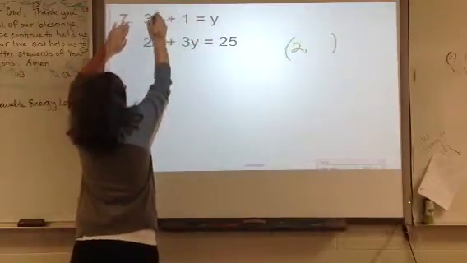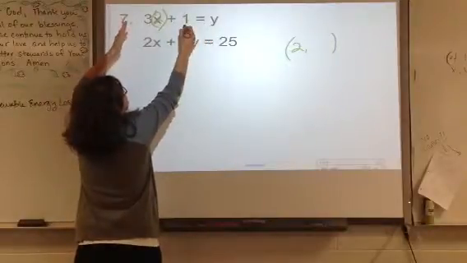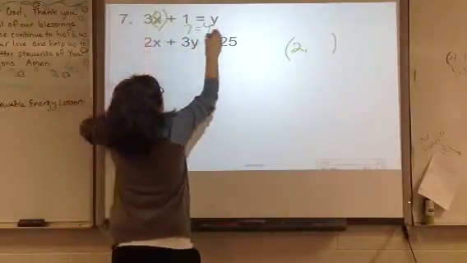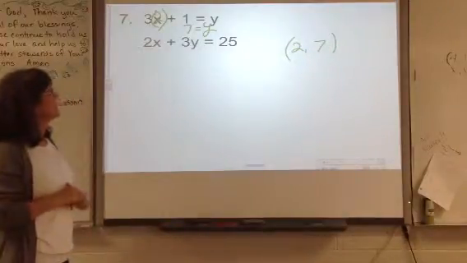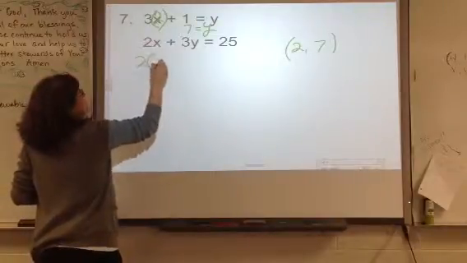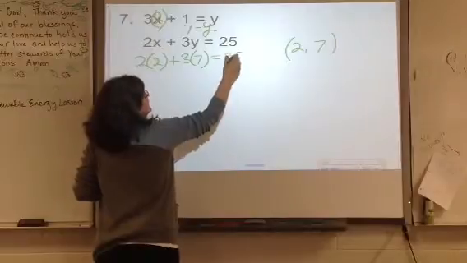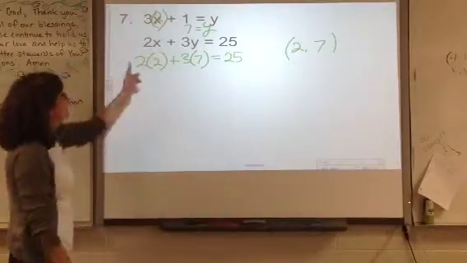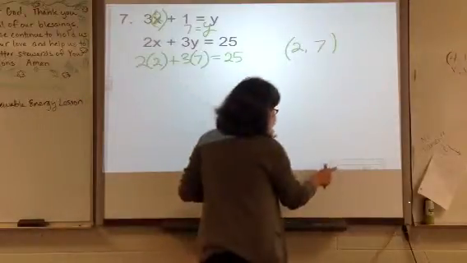If I put a 2 right there, 6 plus 1 is 7. 7 equals y. Okay, so y is 7. And then to check it, you can just pop it into any equation, see if it works. If x is 2 and y is 7, does that equal 25? 4 plus 21 is 25. Yes, it does. Okay, we are doing awesome.